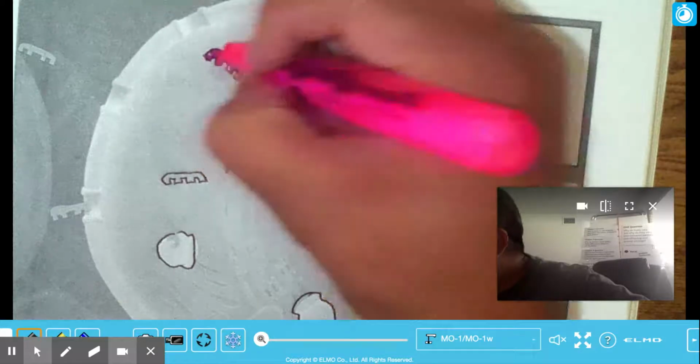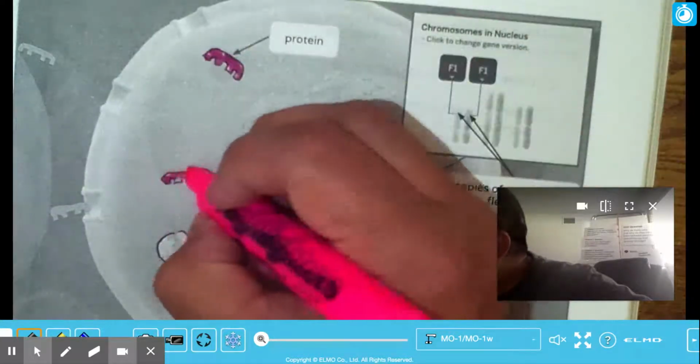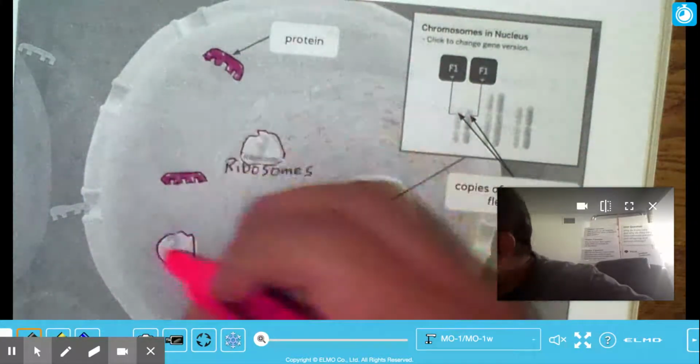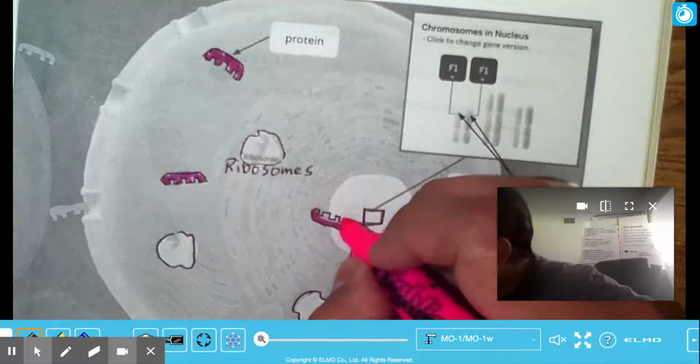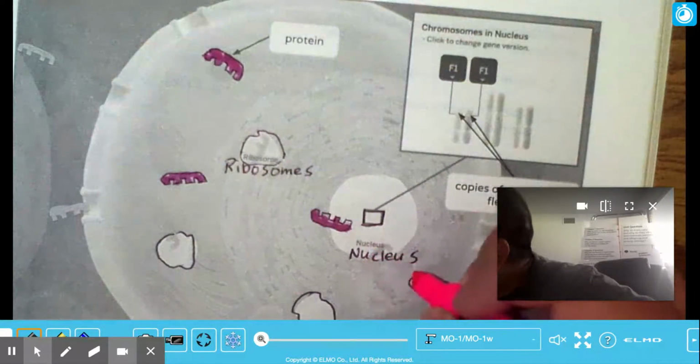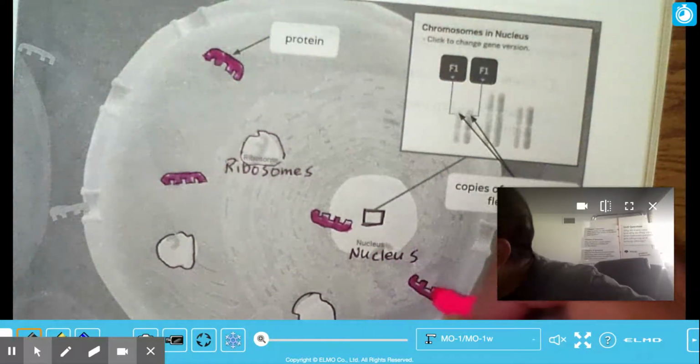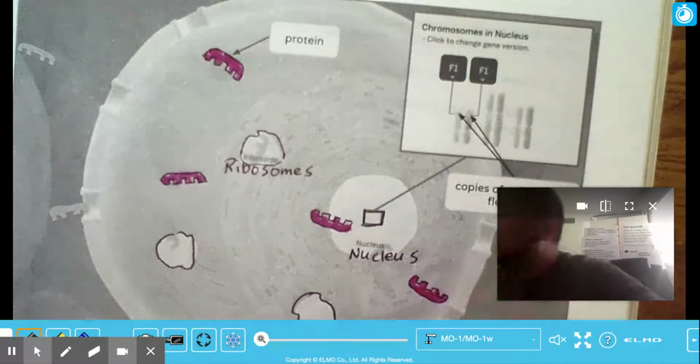I happen to have my pink highlighter, so I'm just going to color them in really quick. You can do this at home if you'd like, and if not, that's okay.